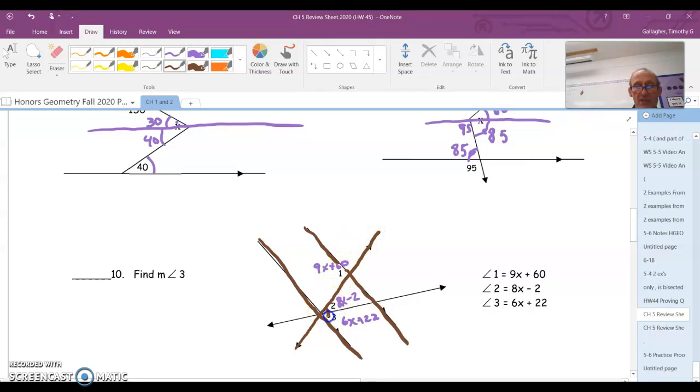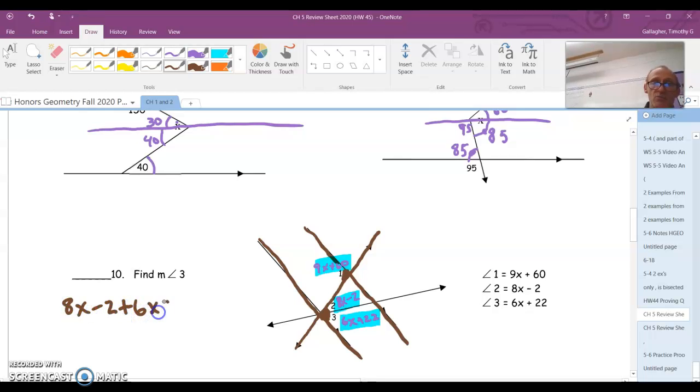We have this angle and this angle as alternate interiors, so they're equal. So I'm going to add this expression and this expression and set it equal to this expression. So I will write 8x minus 2 plus 6x plus 22 equals 9x plus 60.